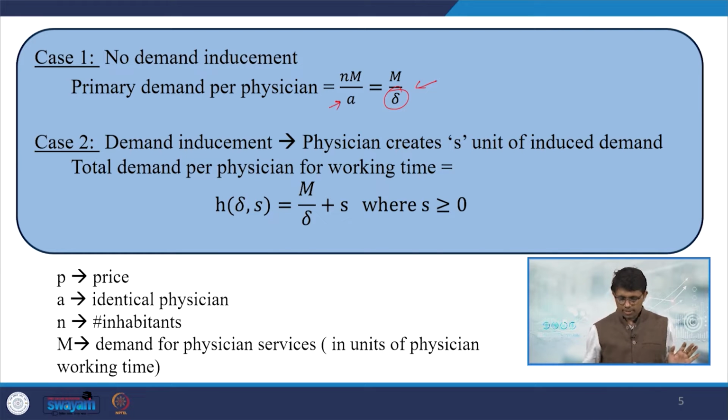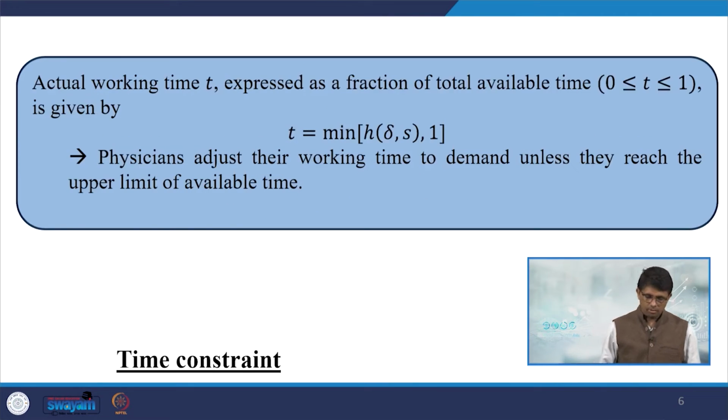Hence, a component we are just adding to the primary demand pattern: M upon delta plus S. S stands for the inducement, units of inducements. M we have already discussed, that is called demand for physician services. So we will be discussing all these in our model.